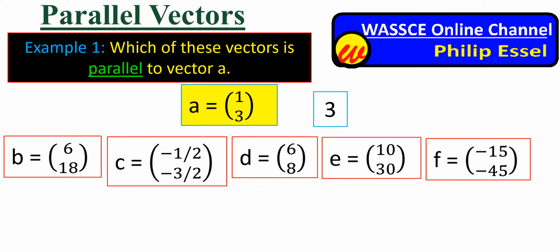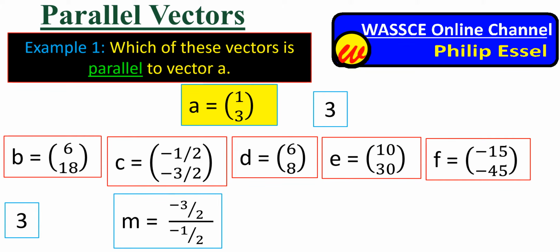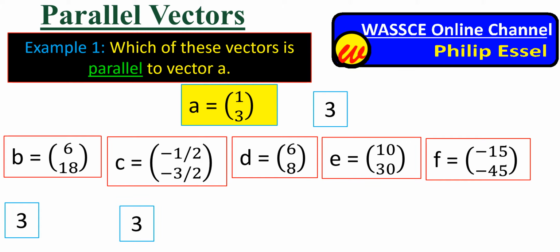The gradient or slope of the vector B will be equal to 18 over 6. 18 divided by 6 would give us 3. The gradient of the vector C would be equal to negative 3 over 2 divided by negative 1 over 2. When you solve this, you would get 3.